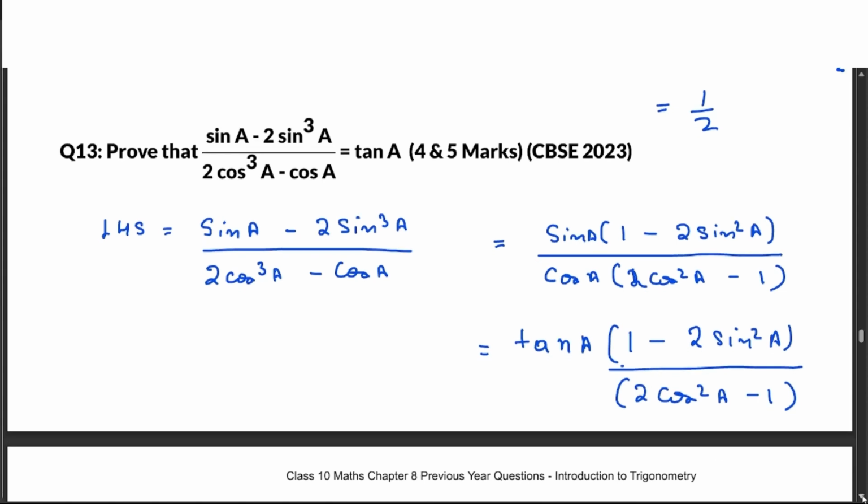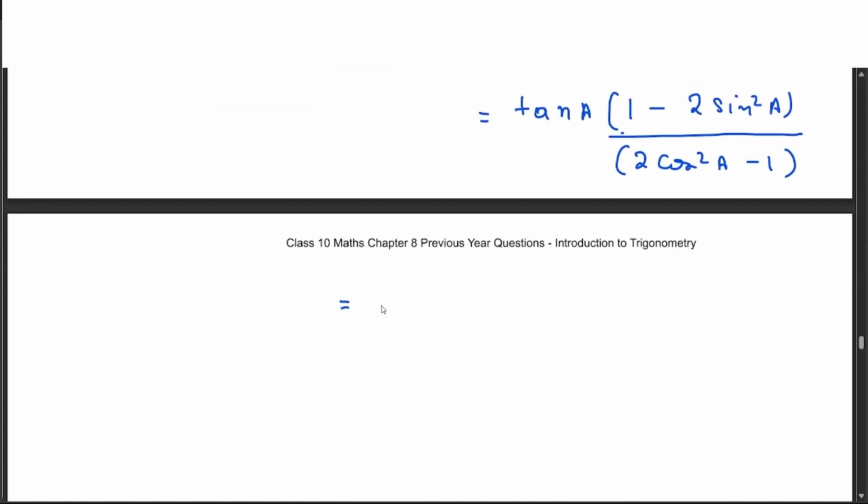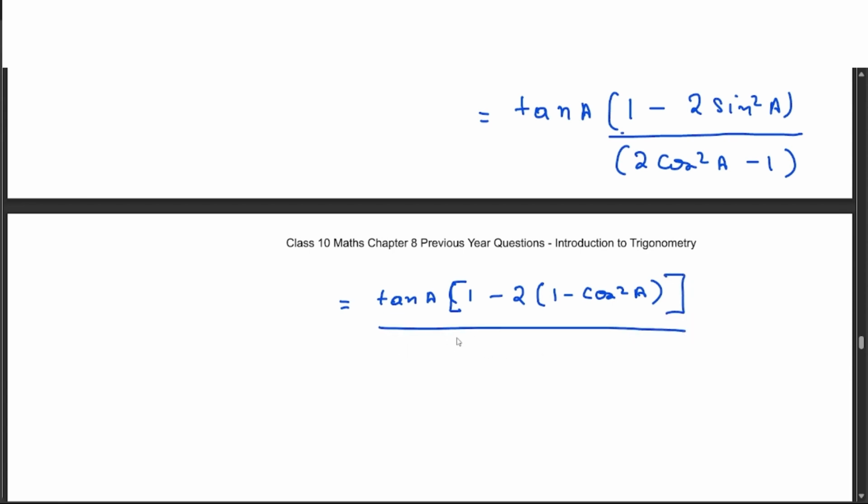Now after that, in the place of sine square A we can substitute the value. So we can say here tan A, inside 1 minus, and you can use a square bracket, 2 times (1 minus cos square A), square bracket close, and in the denominator the same way 2 cos square A minus 1.